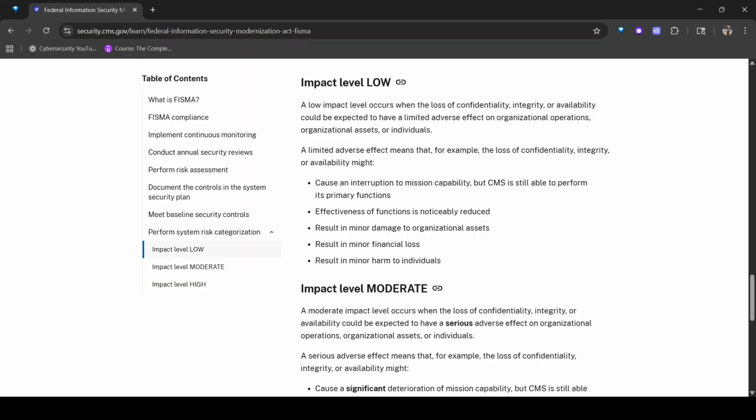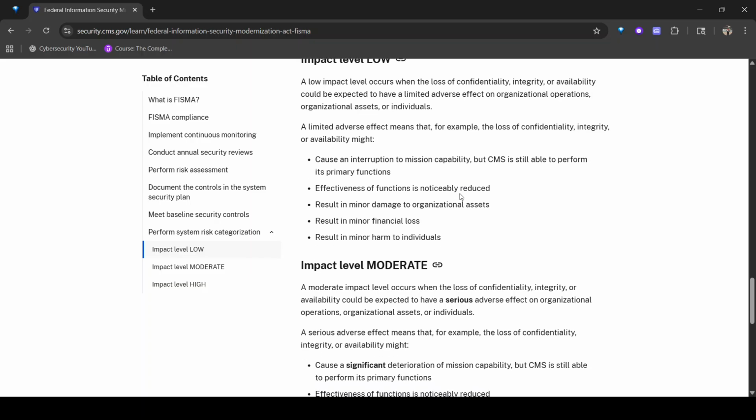A low impact level occurs when the loss of confidentiality, integrity, or availability could be expected to have a limited adverse effect on organizational operations, organizational assets, or individuals. A limited adverse effect means that, for example, the loss of confidentiality, integrity, or availability might cause an interruption to mission capability, but CMS is still able to perform its primary functions.